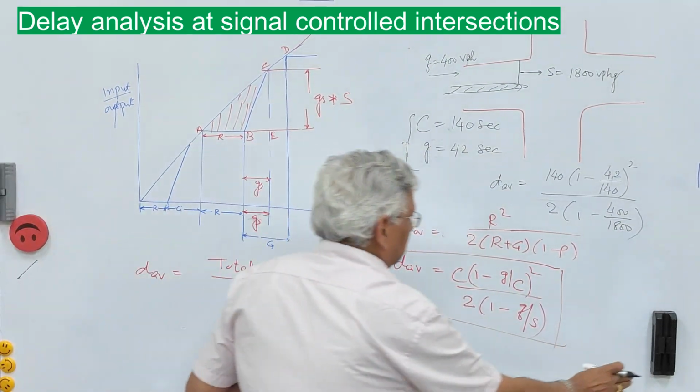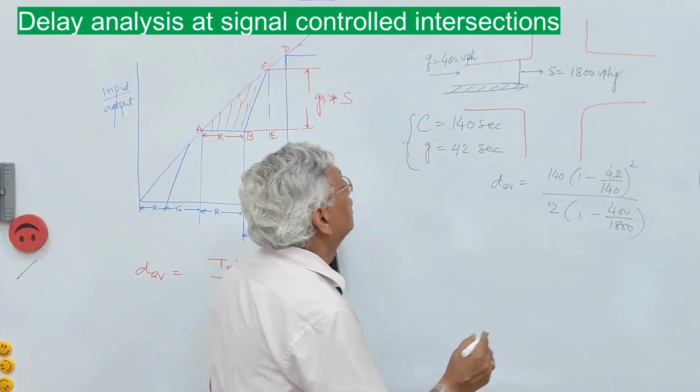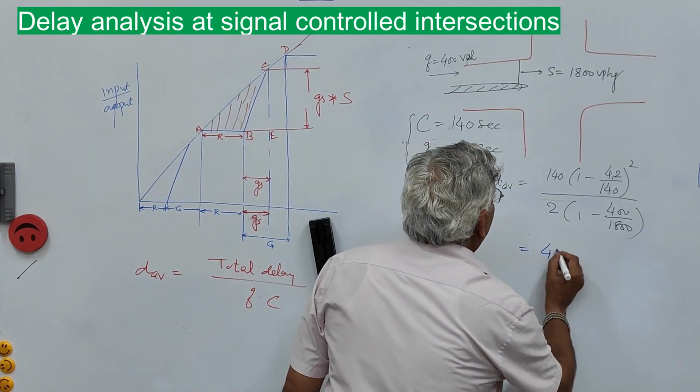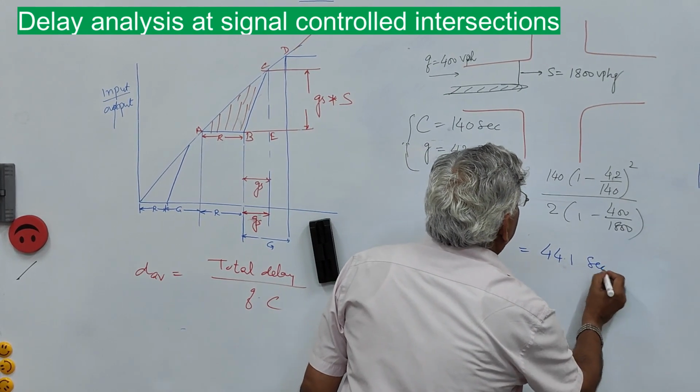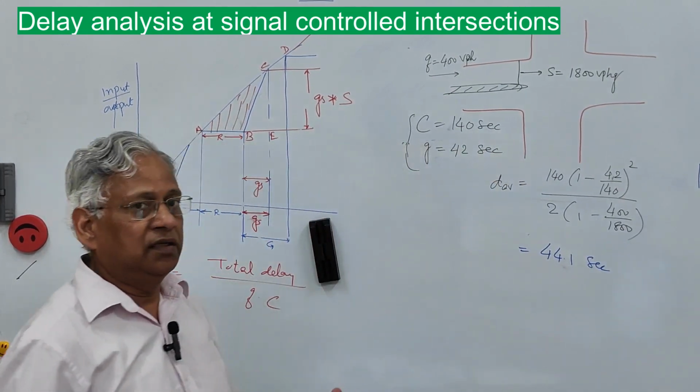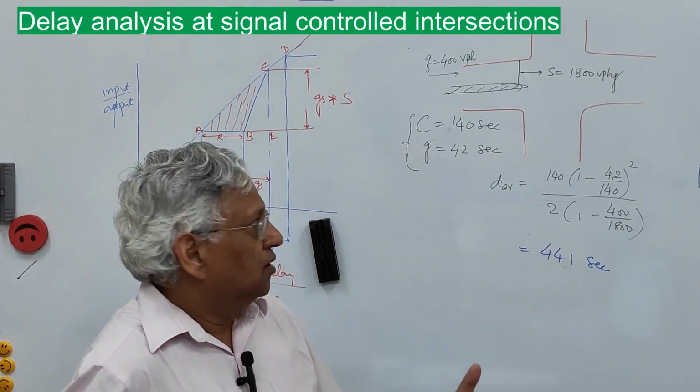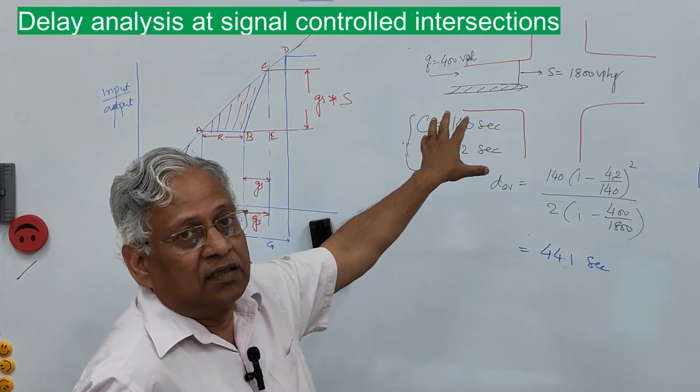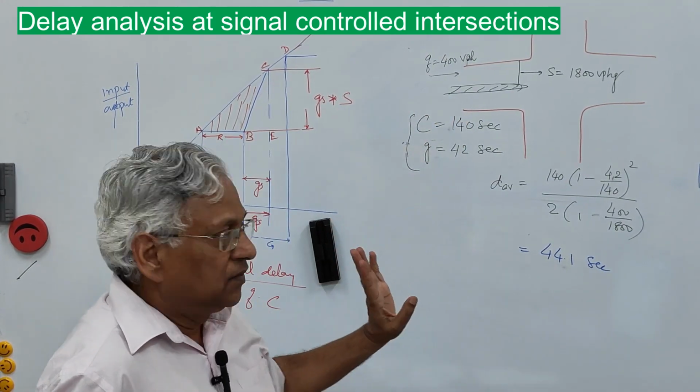How much do you get? This will be 44.1 seconds. The average delay to a vehicle for this given condition at the intersection will be 44 seconds.